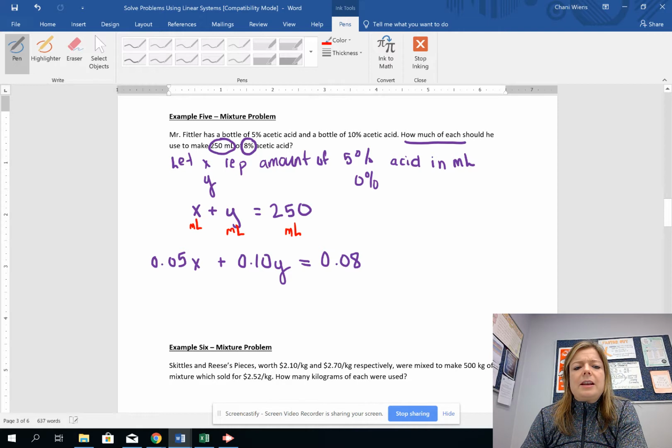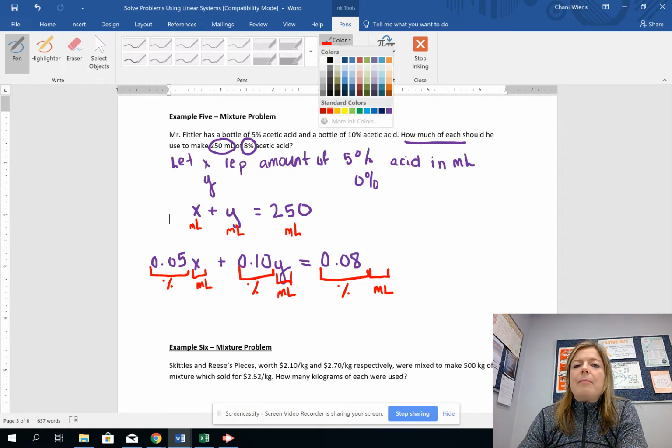Notice here we have a percent times milliliters, a percent times milliliters, and here we have a percent only. It doesn't make sense to have that equaling only a percent. We also need milliliters next to it.